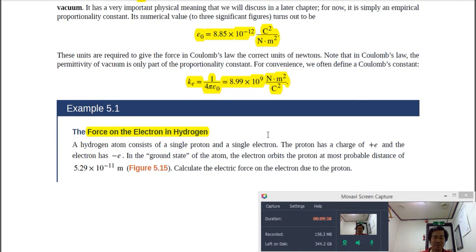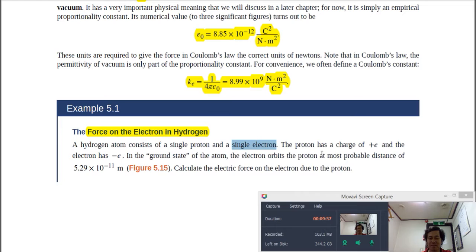Let me solve example 5.1. Here we calculate the force on the electron in hydrogen. In hydrogen we have a single proton and a single electron.